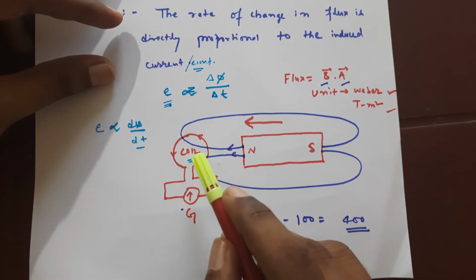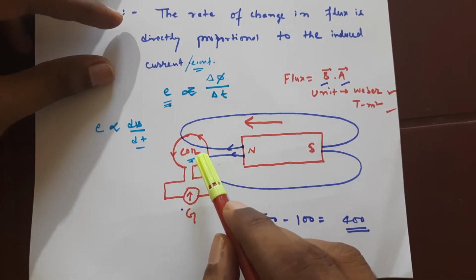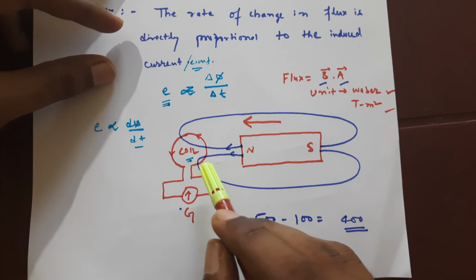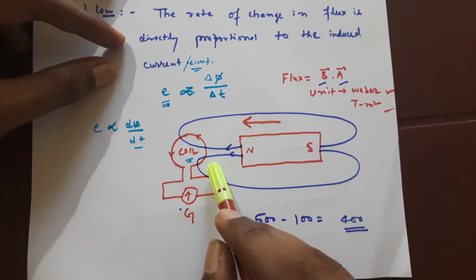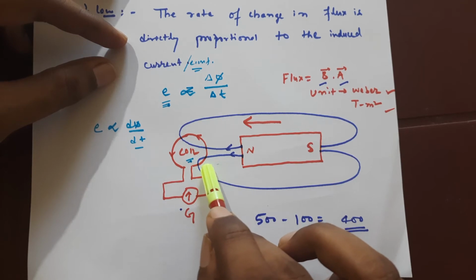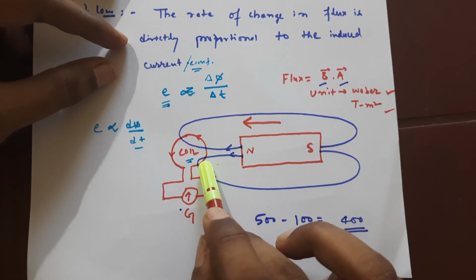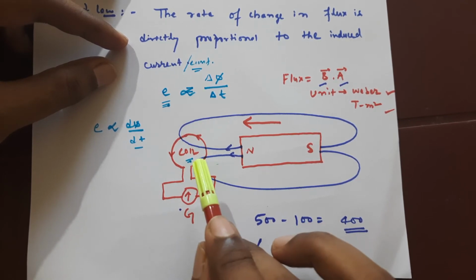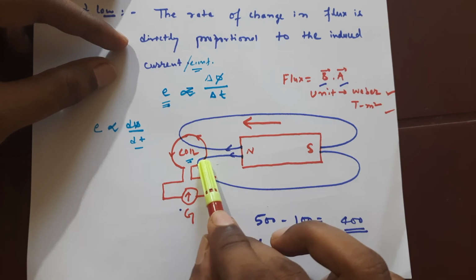After another 1 second, the number of lines of force passing through this coil will also be, let us suppose, 500. So we are finding that there is no change in the magnetic flux linked with the coil with respect to time. So in that case current will not be induced, because for current or EMF to be induced there must be change in magnetic flux.